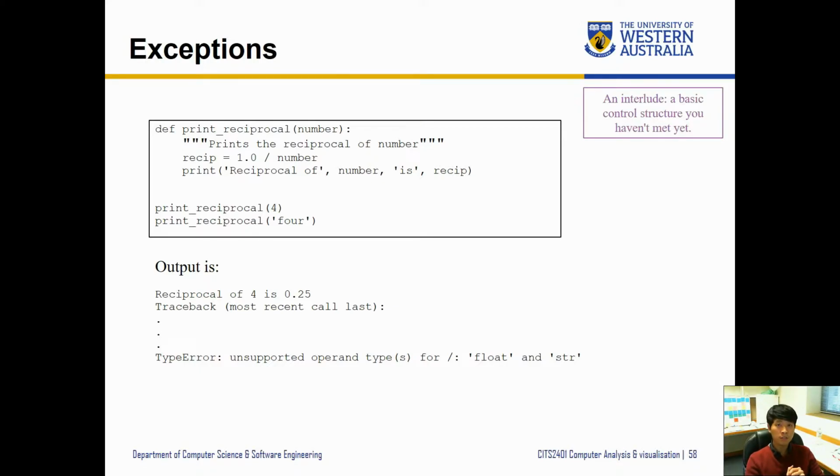So we have seen before that sometimes we cannot always trust the values that get transferred between functions or user inputs because, for example, you're expecting an integer, but sometimes people might enter, say, a float number and so forth.